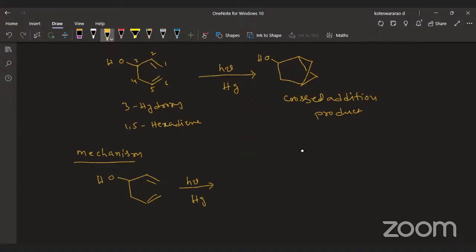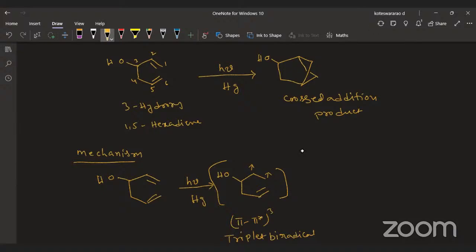This is the triplet energy state, also called the triplet biradical. This triplet biradical first undergoes the cross reduction.